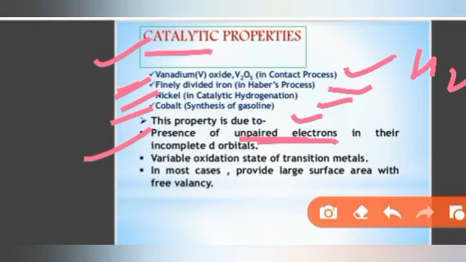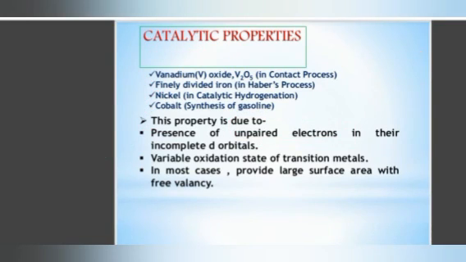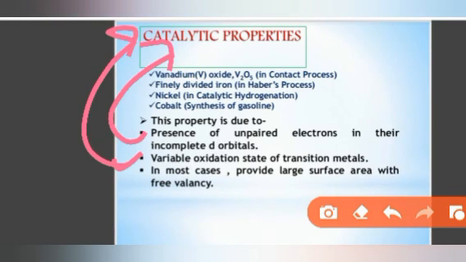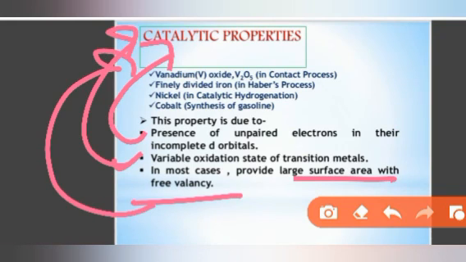So this is a very important logic, or reason, to find that the variety of properties in d block elements is due to unpaired electrons or variety of oxidation states. Variable oxidation state is also one of the reasons for catalytic property. Presence of unpaired electrons is also one of the major reasons for catalytic property. In most cases they provide a large surface area which has free valency, which is also one of the reasons for catalytic property.